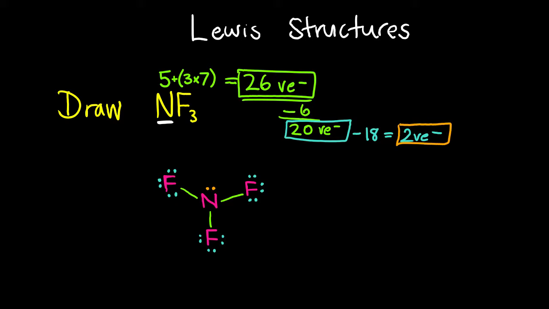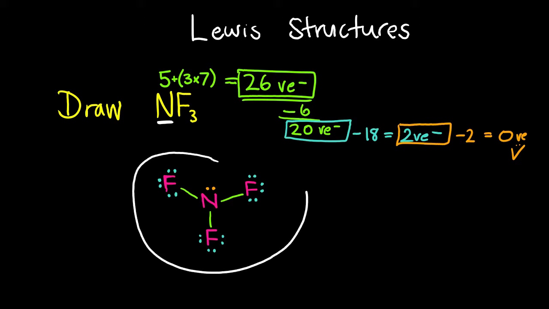That would be 19, 20. I've just used all of them, which means I have no more valence electrons remaining, which is good. This would be the structure for nitrogen trifluoride. You could redraw this to make it seem more spatial to you, but this is a two-dimensional representation.